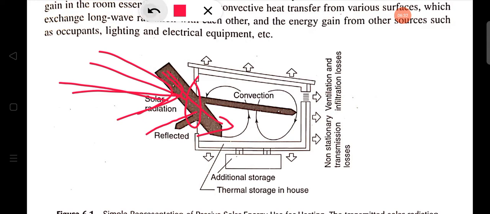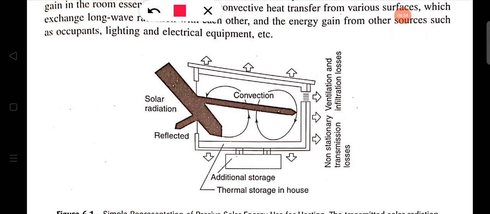Then what happened, due to the natural convection process, the air inside our room gets heated. That means by the solar radiation, the air of our room is heated by convection.